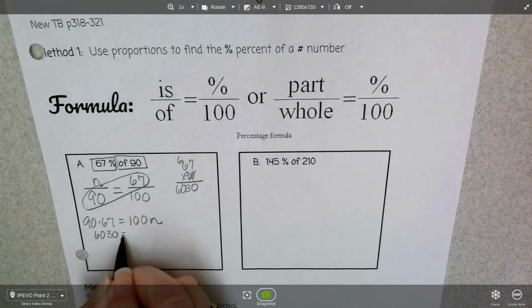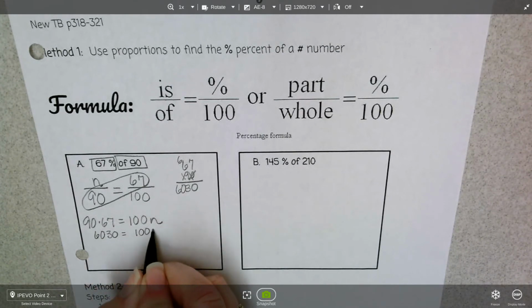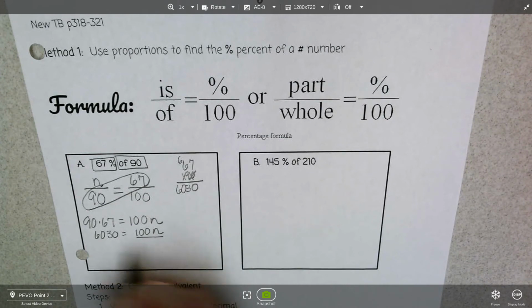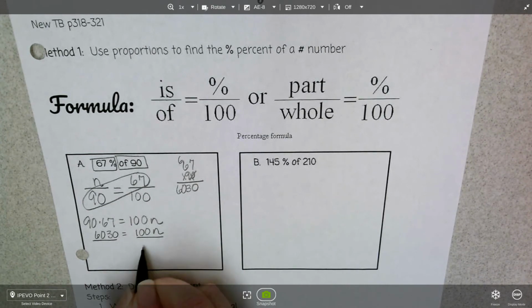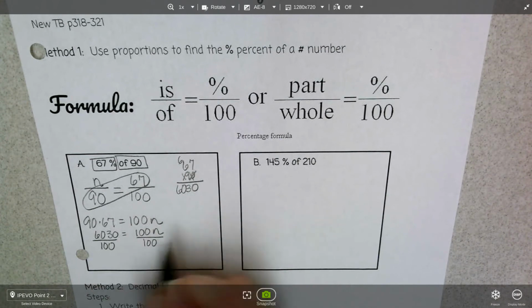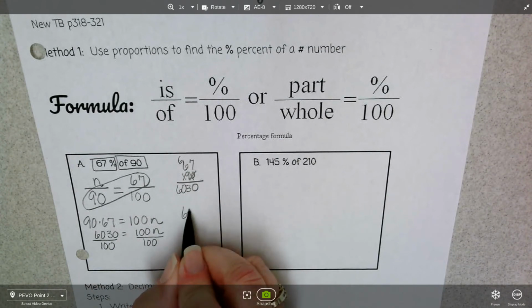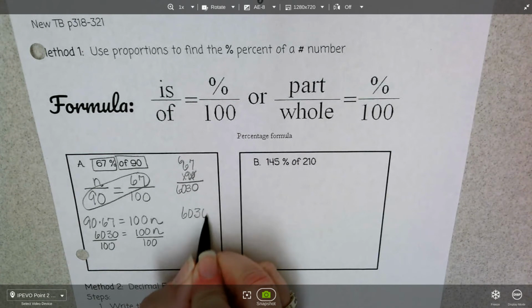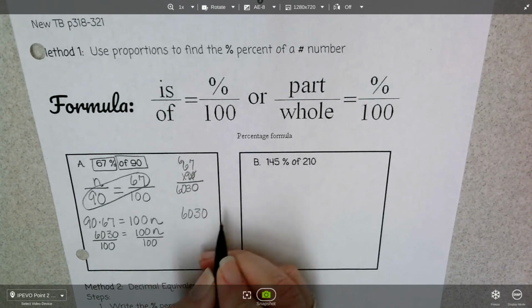So in this case, we've got 6,030 equals 100n. Now we're going to divide both sides by 100 because we're going to use those inverse operations to solve this equation, and we were multiplying, so the inverse is division. And boys and girls, remember when we divide by 100, it just takes the decimal and moves it 2 places to the left. In our number 6,030, we don't see a decimal, so let's say it's hiding behind it.